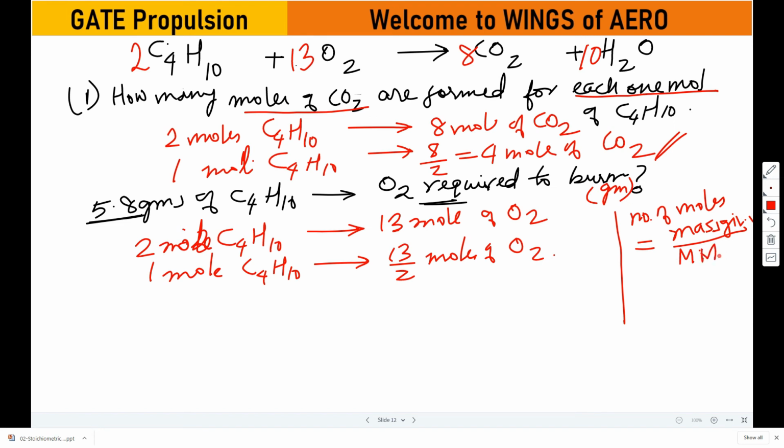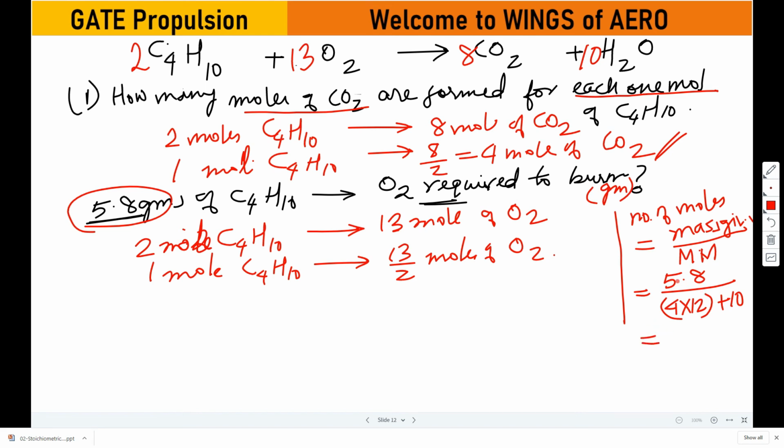Here the mass is given as 5.8. To find the molecular mass, 4 into 12 plus 10, we get 48 plus 10, 58.